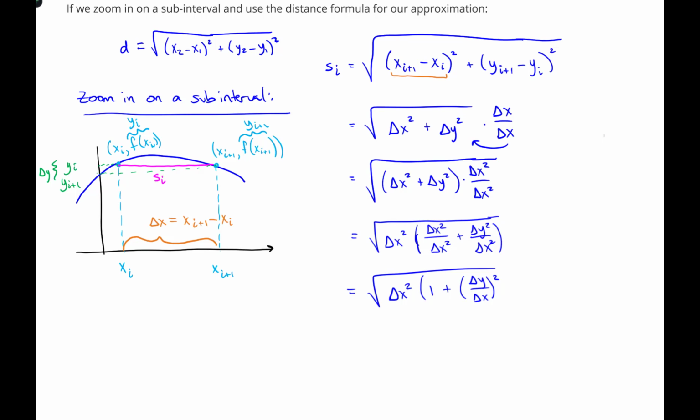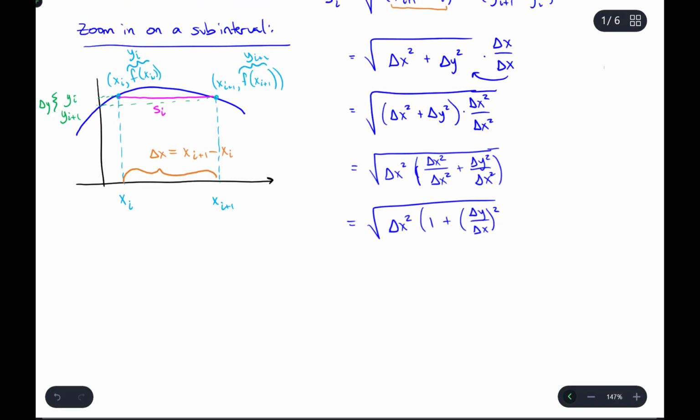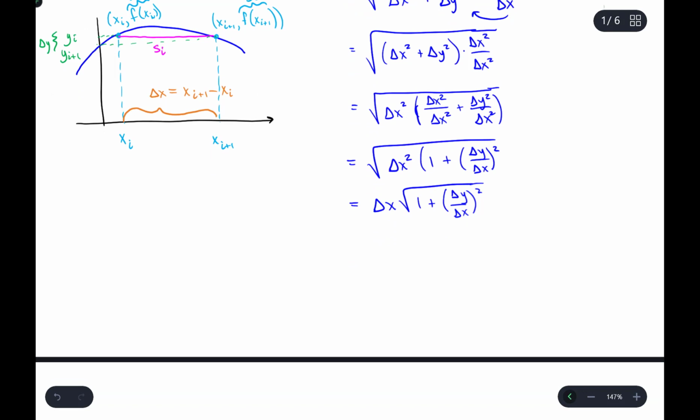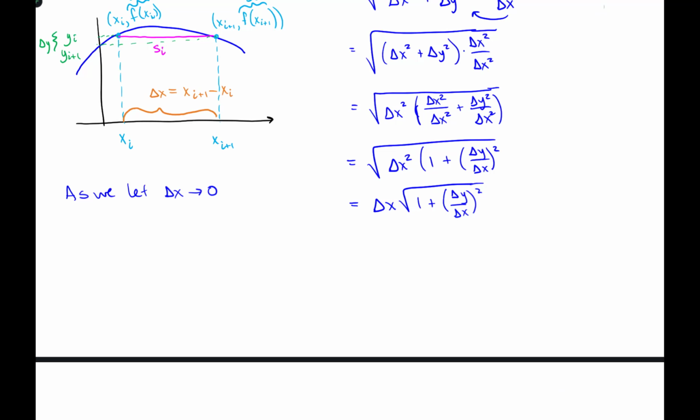Now this delta x squared on the outside can be factored out, and I can write this as delta x times the square root of 1 plus delta y over delta x quantity squared. Okay, now as we let delta x go to 0, some interesting things will happen here.